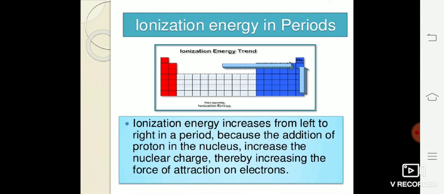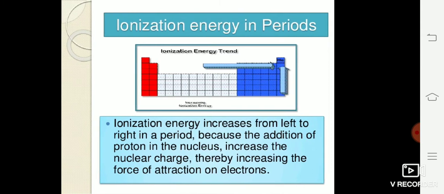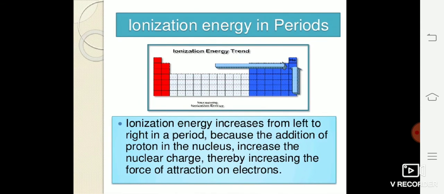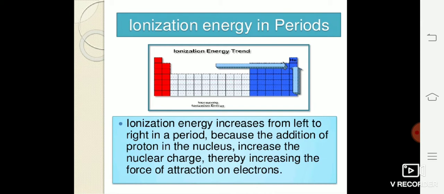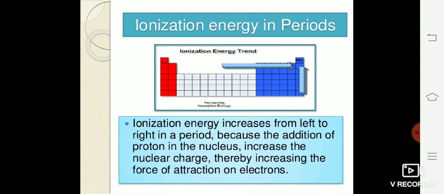So ionization energy increases when you are moving from left to right, because as the atomic size is decreasing, the force of attraction or the effective nuclear charge increases. Thus it is more difficult to remove an electron when there is an increase in effective nuclear charge.